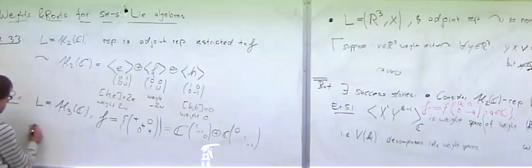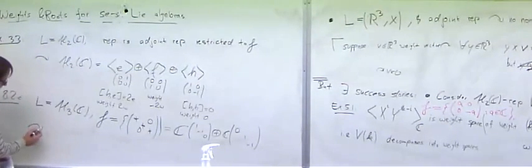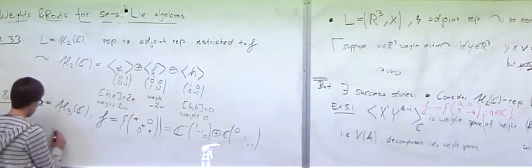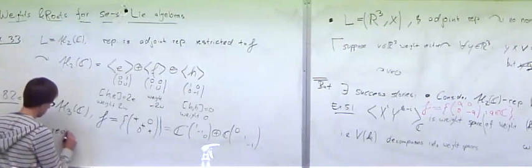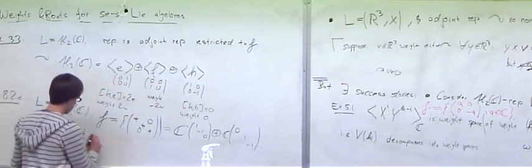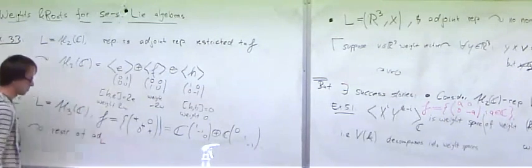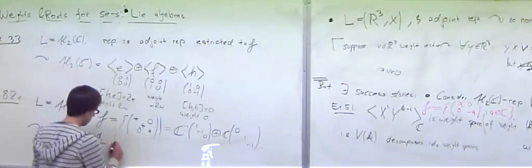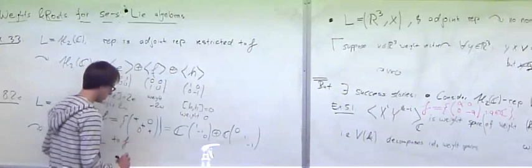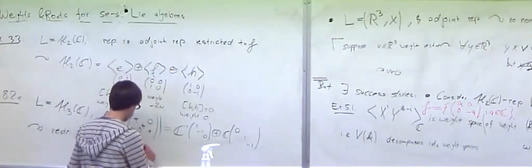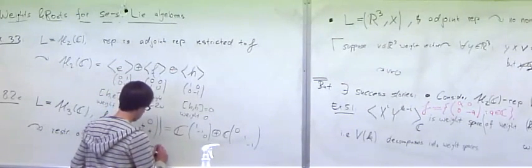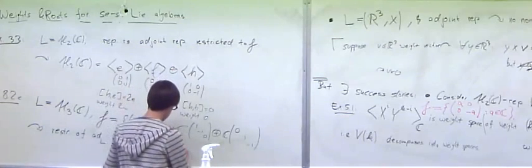And then we will see that we have the same phenomenon, that the restriction of the adjoint representation of L to H decomposes into weight spaces.